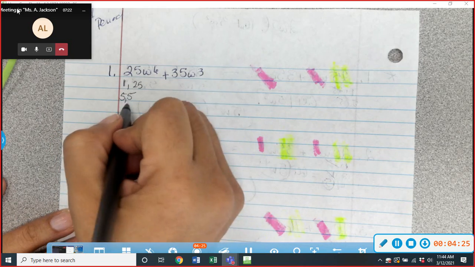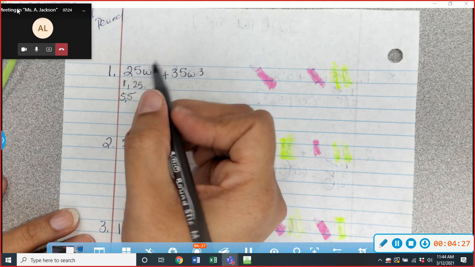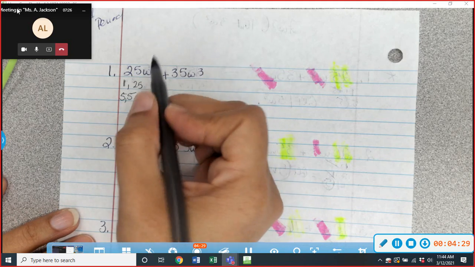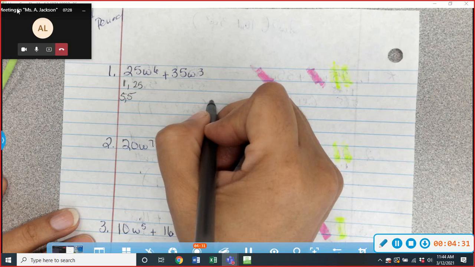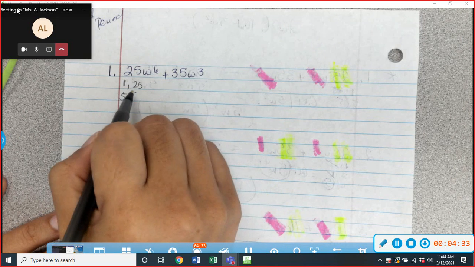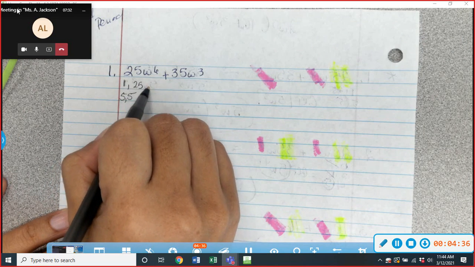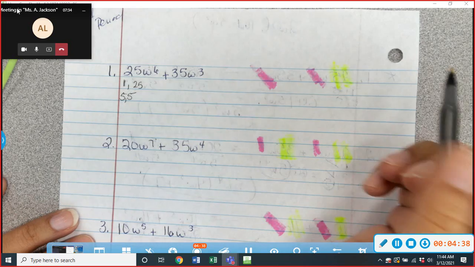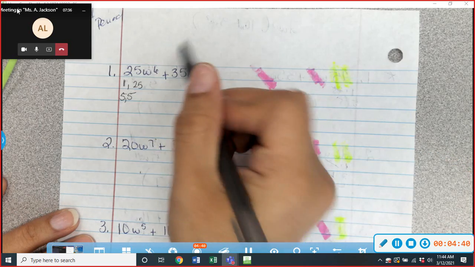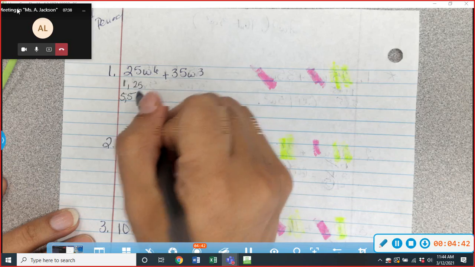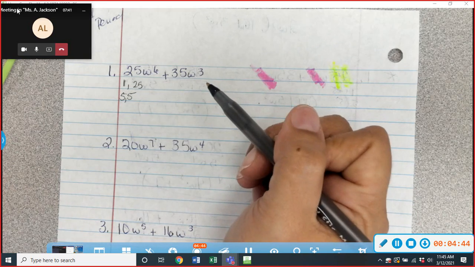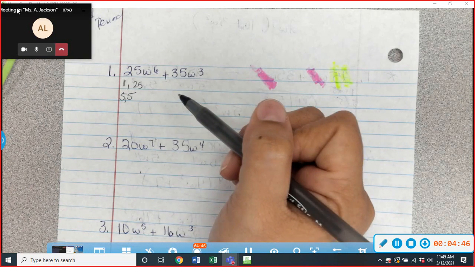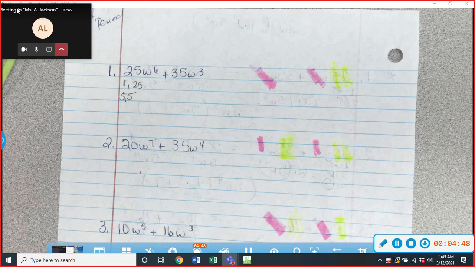So for this one, which will be my greatest common factor? Can 25 go even in 35? Go ahead and do that in the calculator: 35 divided by 25, and tell me what it gives you.